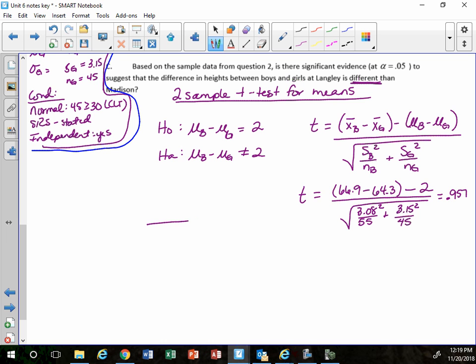Okay, so what this means, since I found this t, what does that mean for the picture I'm going to draw? Have I standardized it? So this is 0, and I am saying I'm almost 1 standard deviation above. It was a not equal to, though, so aren't I also that distance below?